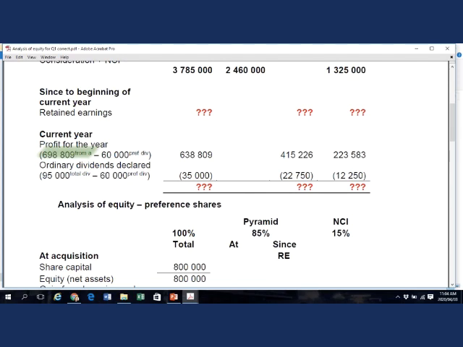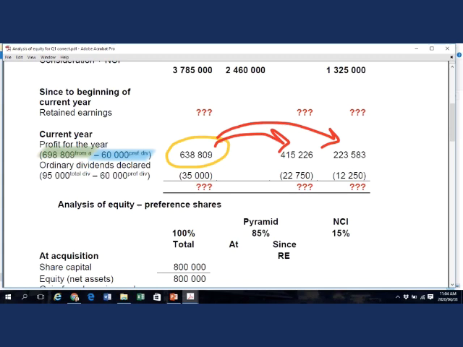Please note, because it is a non-cumulative preference share and the dividend was declared in the current year, 1 year's dividend is attributable to the preference shares. So calculating profit attributable to the ordinary shares is the profit of S less 1 year's preference dividend.